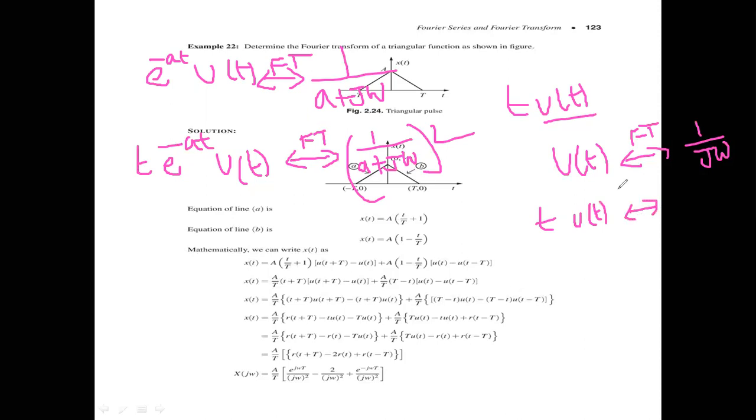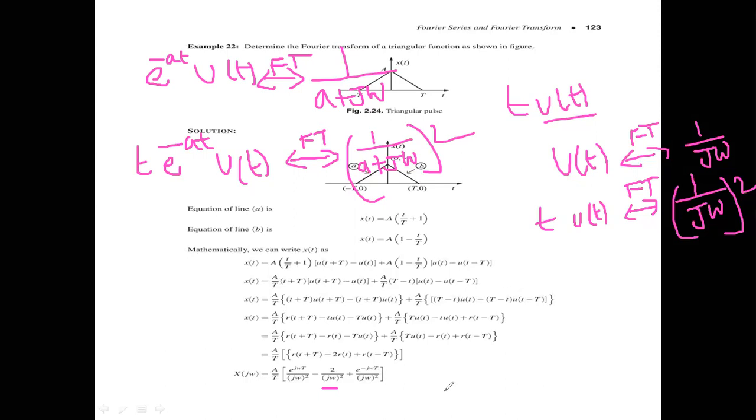And now for t mu of t, what is the Fourier transformation? Square, 1 by j omega whole square. See here, there is a 2 multiplied, minus 2, the r of t is 1 by j omega whole square.